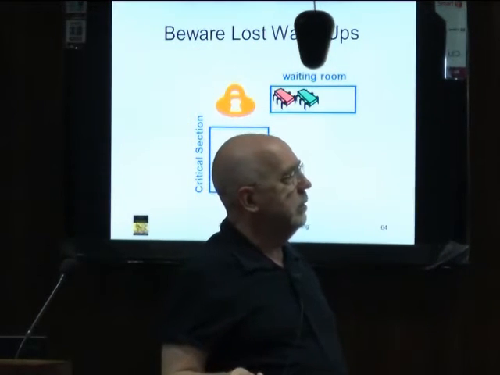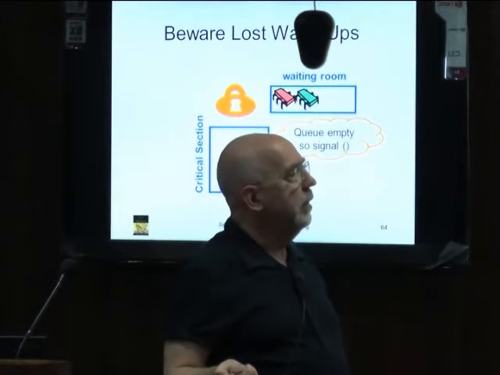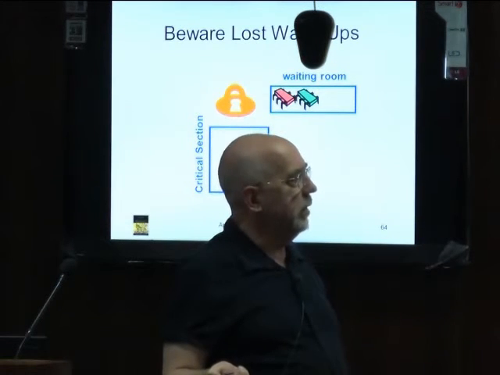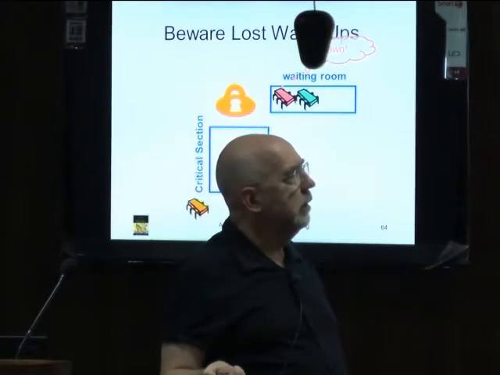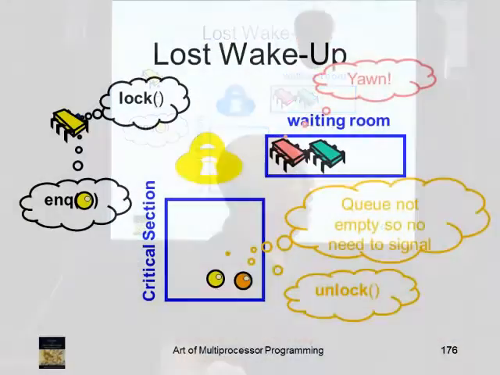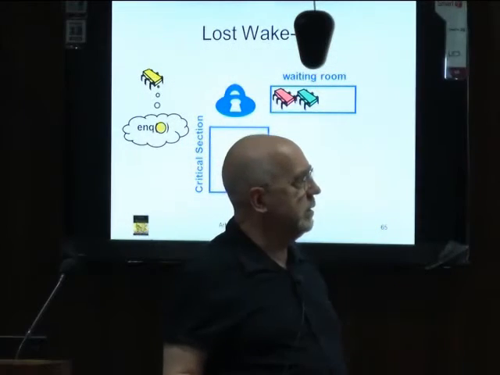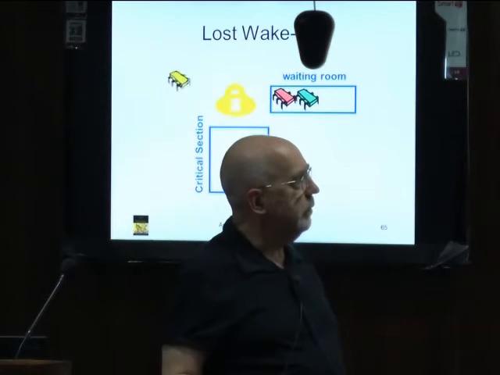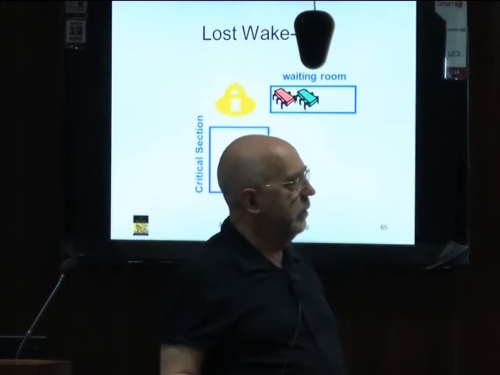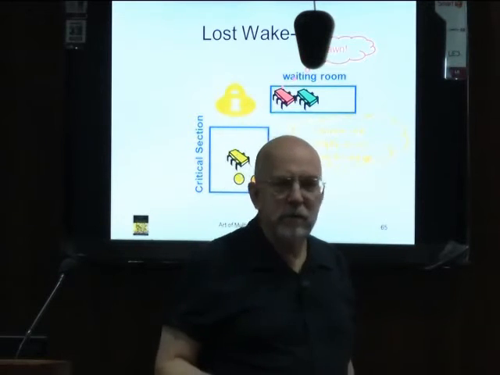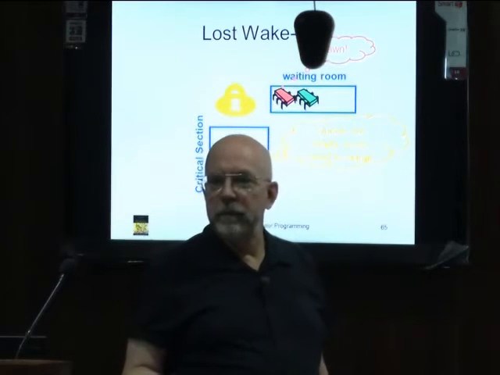Orange locks, deposits its item. Sees the queue is empty, so it signals, and it only wakes up one thread. Now a yellow thread comes along, and before the red thread can wake up, the yellow thread comes in and deposits something, acquires the lock, and it says, well, the queue is not empty, so there's no need to signal, right?